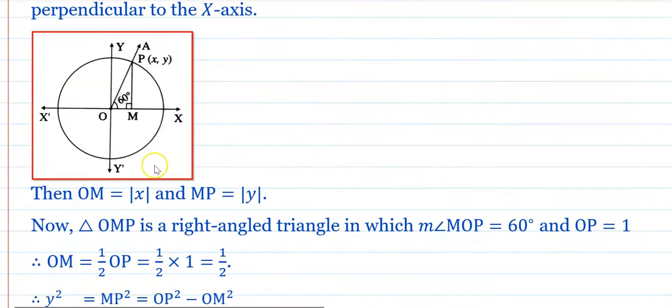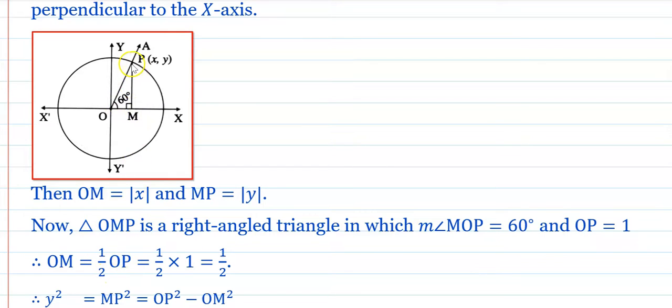Draw PM perpendicular to the x-axis. OM is equal to mod of x and PM is equal to mod of y. Triangle OMP is a right angle triangle. Measure of angle MOP is equal to 60. OP is 1 and OM is equal to 1 upon 2 OP.